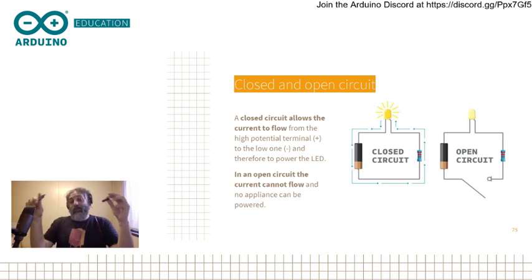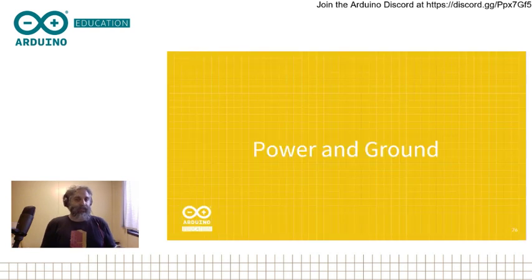So nothing will happen in the circuit itself. It doesn't matter if the battery is connected. If you haven't turned on the switch, it's not going to work. So the switch in a way opens and closes the circuit. Opening means off, and closing means on. This is very important to keep in mind. These are very simple concepts, but it's very easy to get them wrong in the beginning.